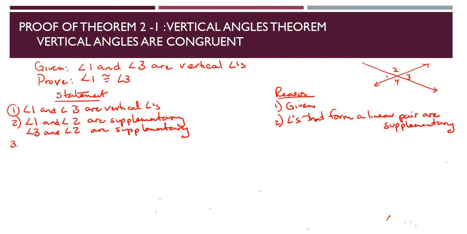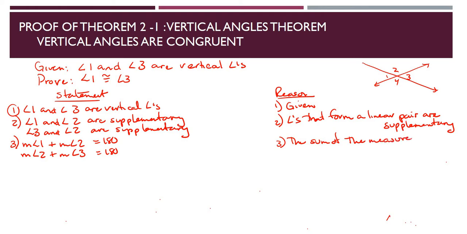Okay? Number 3. I'm going to use my definition of supplementary angles. The measure of angle 1 plus the measure of angle 2 equals 180 degrees. And I should really write under it the measure of angle 2 plus the measure of angle 3 equals 180 degrees. And that is by the sum of the measures of supplementary angles equals 180.